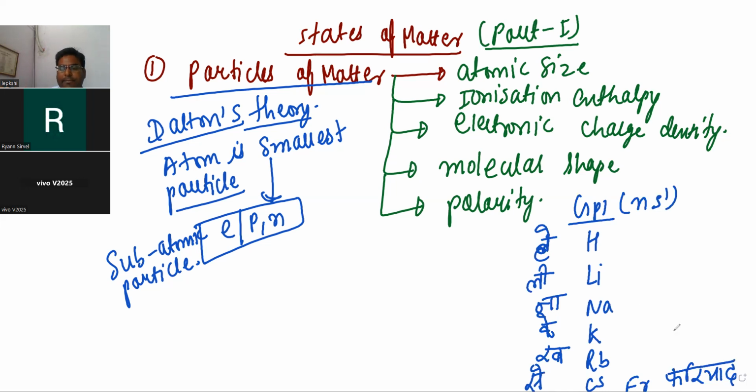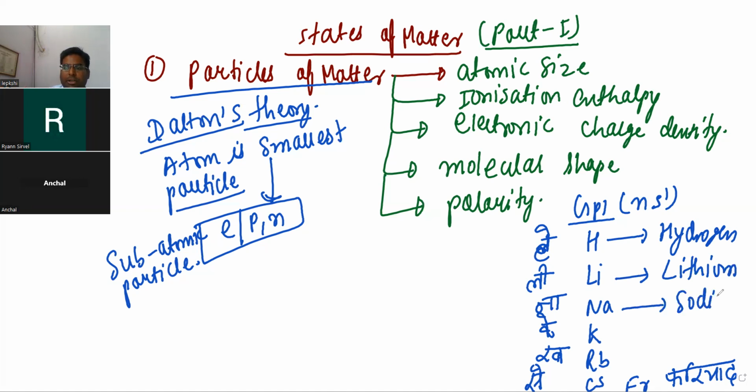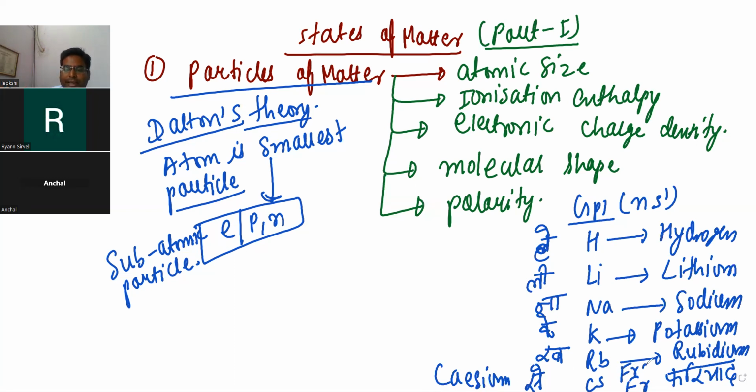So H for hydrogen, Li for lithium, Na for sodium. These all are elements. K for potassium, Rb for rubidium, Cs for cesium, Fr for francium.